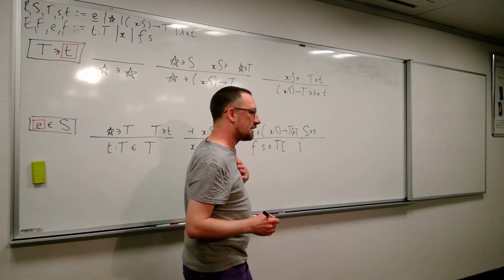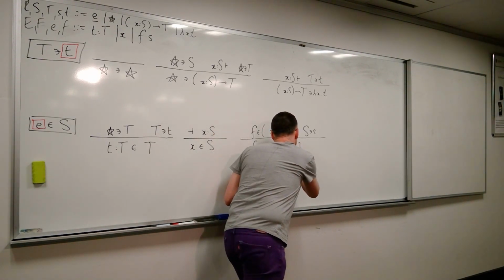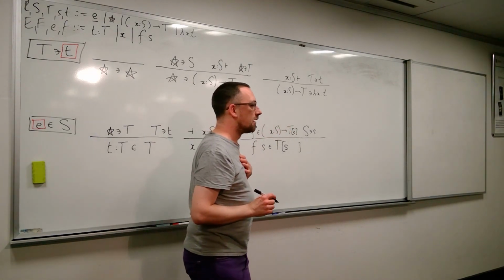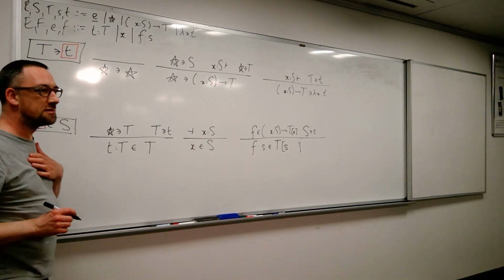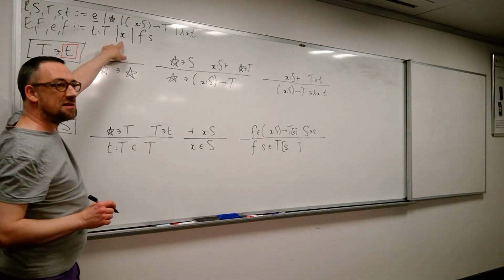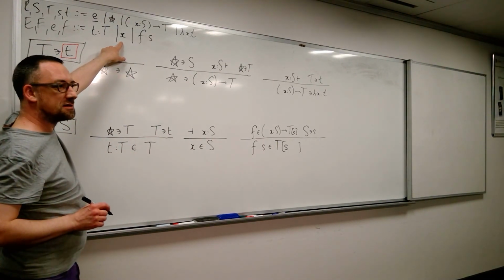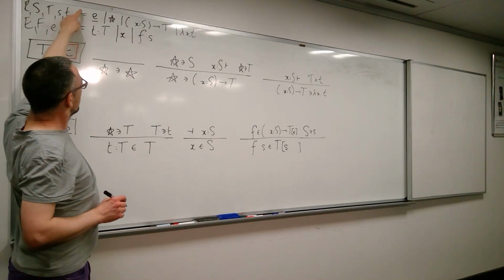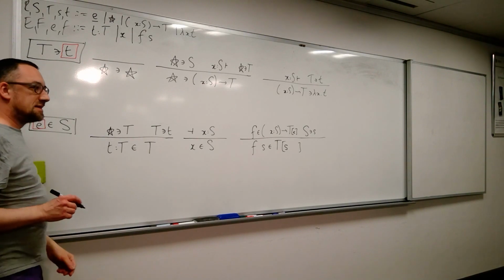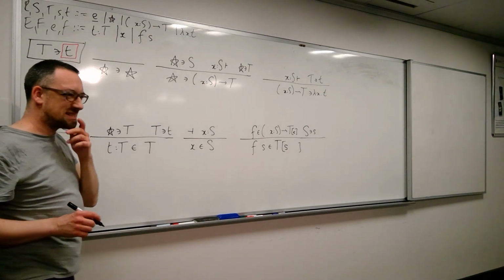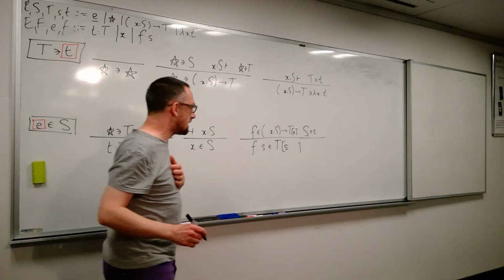We might like to choose little s here, but we're not allowed to, because x lives in this syntactic category, and little s lives in this one. So, tough luck. Well, actually, secretly good luck.